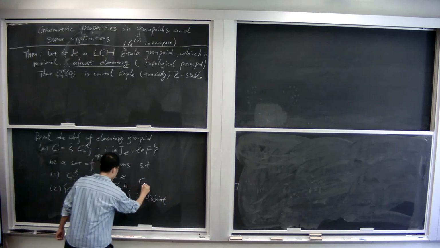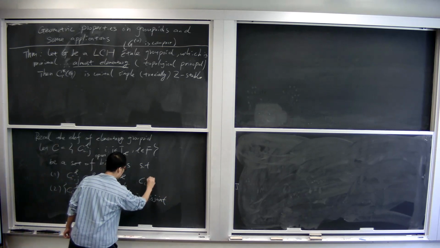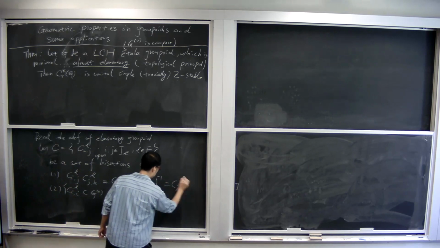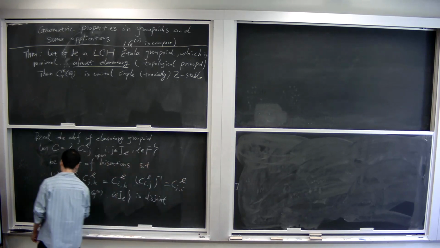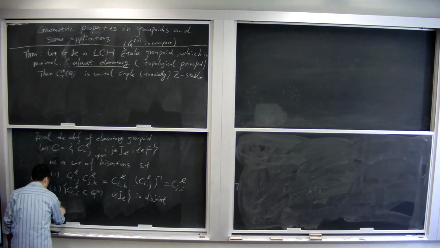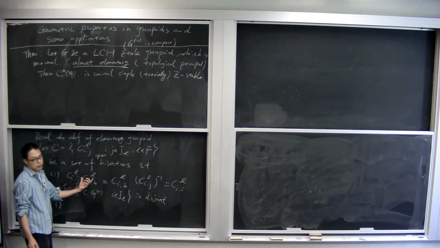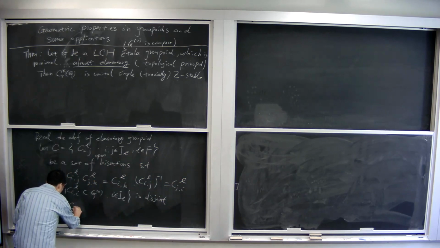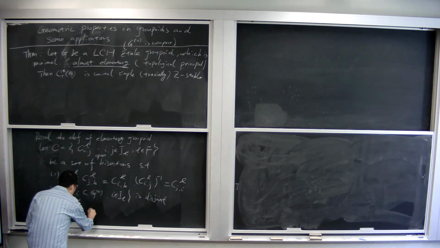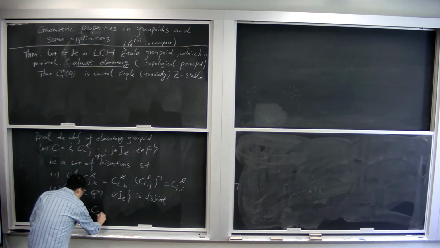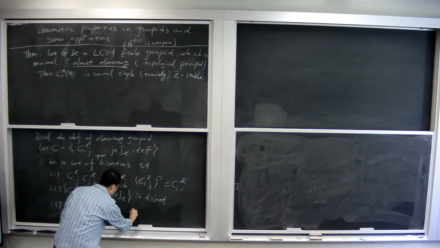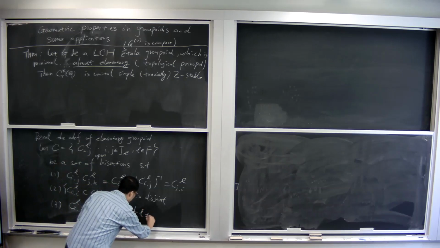Of course, you need C_{ij}^l inverse to be exactly C_{ji}^l. The third is that if you have different l, the towers are disjoint: C_{ij}^l times C_{i'j'}^{l'} is empty if l is not equal to l'.